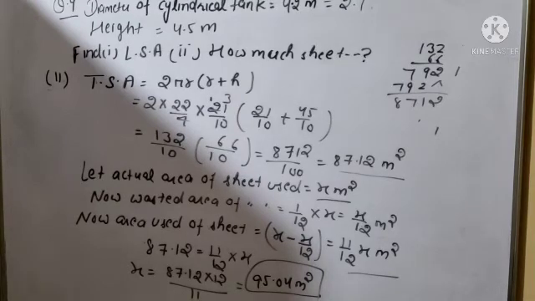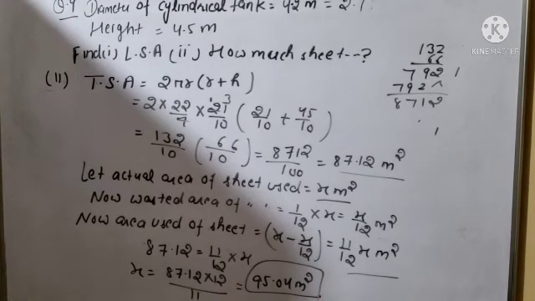So first of all you will find out the actual area. Let the actual area of the sheet used be x meter square. Now the wasted area of sheet will be 1/12 of x. How much of x was wasted? 1/12 of x, so x into 1/12, x/12 meter square. And so what will the used area be? Total area minus wasted area. So x minus x/12, it will be 11/12 x meter square, the used area.